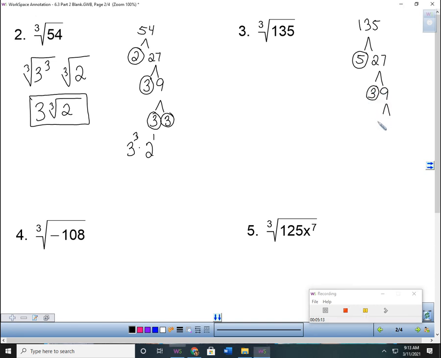And 9 is 3 times 3. Both are prime. So I have 3 of the 3's, and then I have a 5 to the first. So 3 to the third. Will that 3 divide by 3? Yes. And then can I do anything with this 5 to the first? No, because 1 is already smaller than 3.